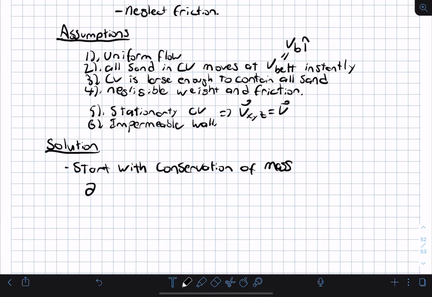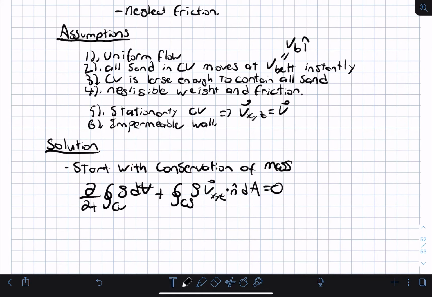So conservation of mass is partial t times the integral over the control volume of rho dV, plus the integral of the mass leaving through the control surface, that's Vxyz dot n hat dA, and that is equal to 0.